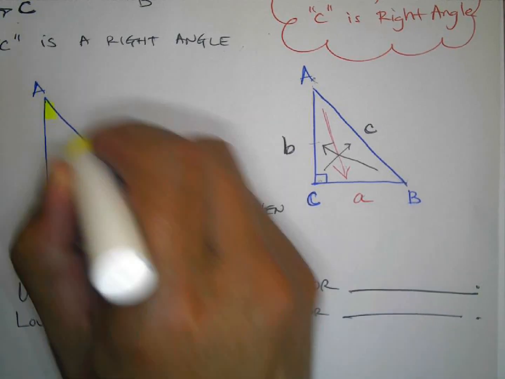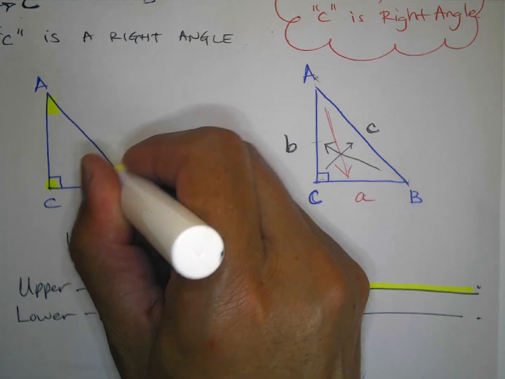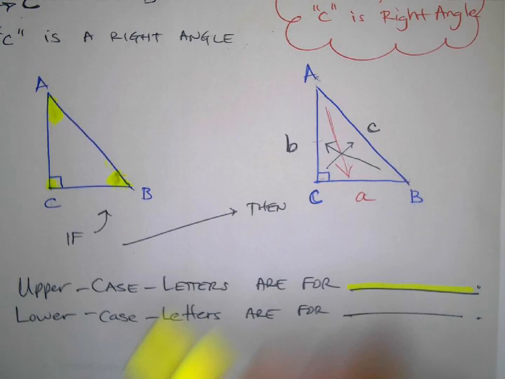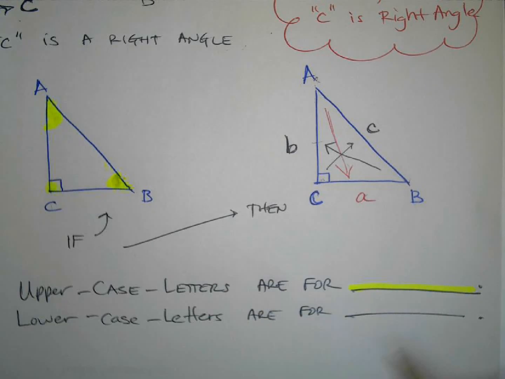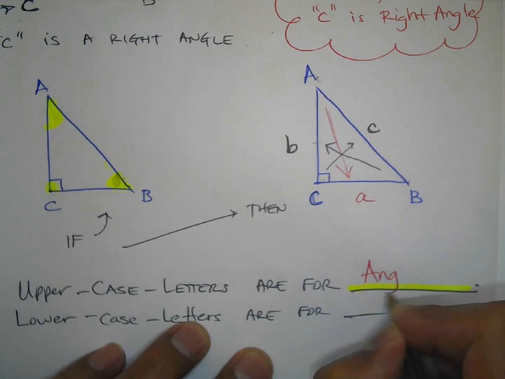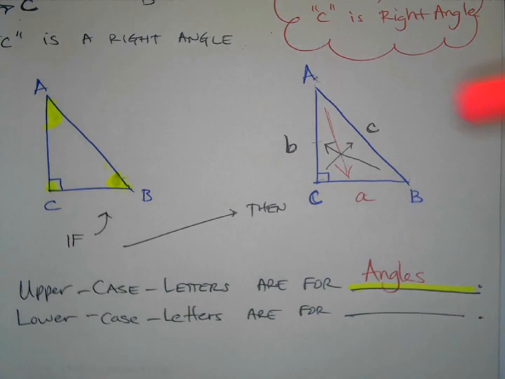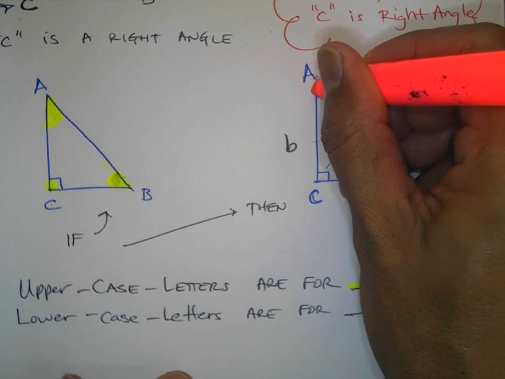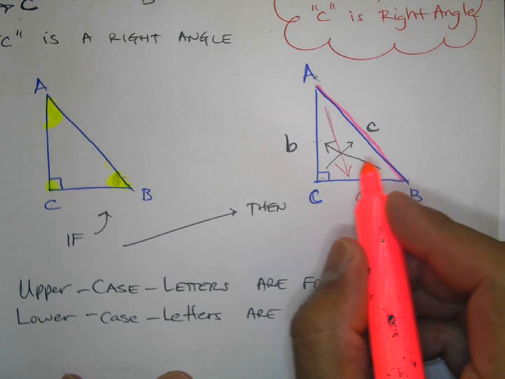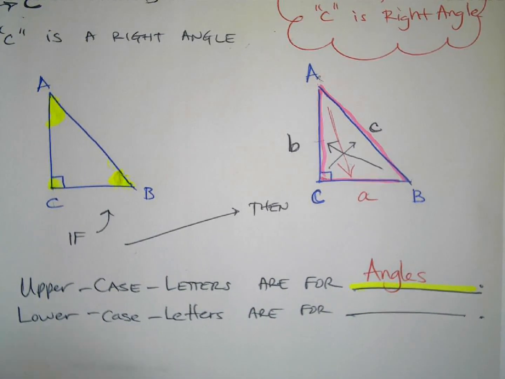I mean, yeah, you put it in the corner, but it's for the angles. This is angle A, this is angle B. The uppercase letters are for the angles. Angle A, angle B, angle C. What are the lowercase letters for? This lowercase letter c is for what? For the sides. That's for the sides.